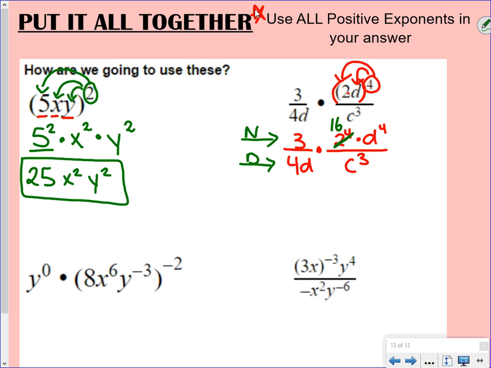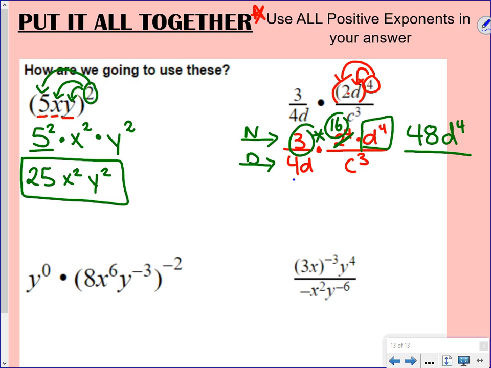So we're going to do 3 times 16 times d to the 4th. Well, we can multiply 3 times 16. 3 times 16 is 48. And then we also have d to the 4th power. That is all going to be over 4 times d times c to the 3rd.